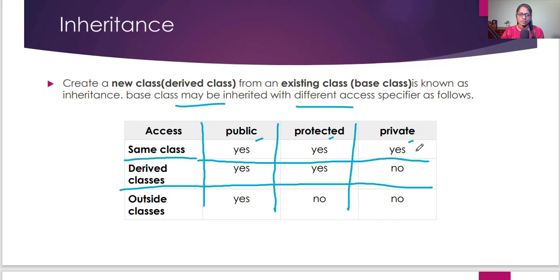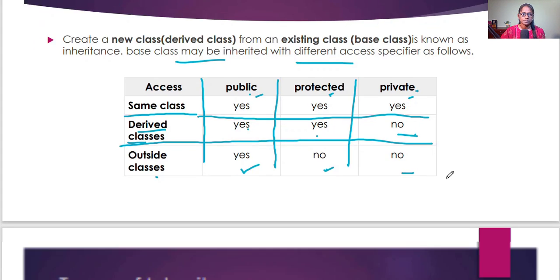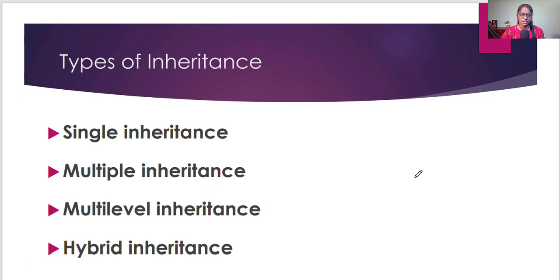In the derived class, if you define it as public or protected, it is accessible, but if you define it as private, you can't access it in the derived class. Outside the class, it is accessible if you define it as public. If it is a protected member, it is not accessible, so it is no. And if it is a private member, outside the class it is not accessible, so it is no.